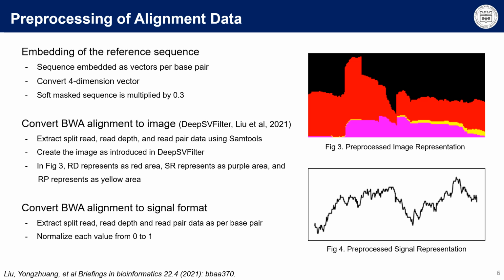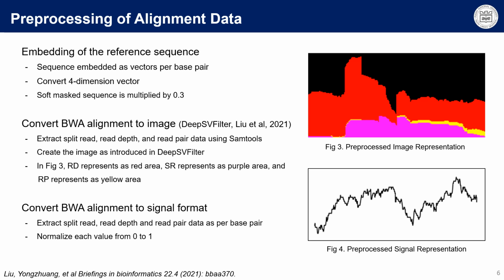Next, we convert alignment data to an image as suggested by Ryu 2021. This method extracts split reads, read depths, and read pairs using the same tools and converts this data as in figure 3. In figure 3, read depth is represented as the red area, split read as the purple area, and read pair as the yellow area.